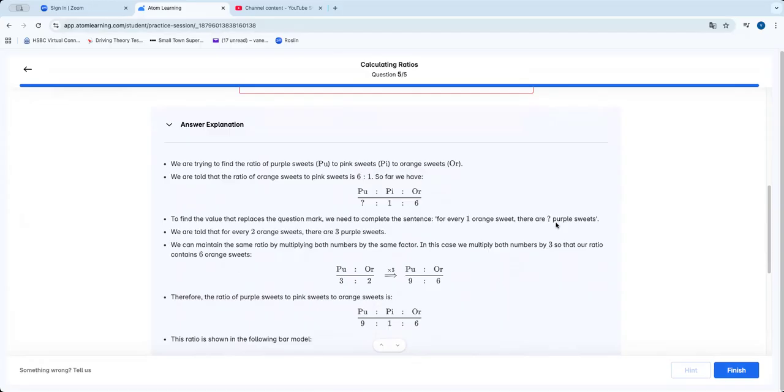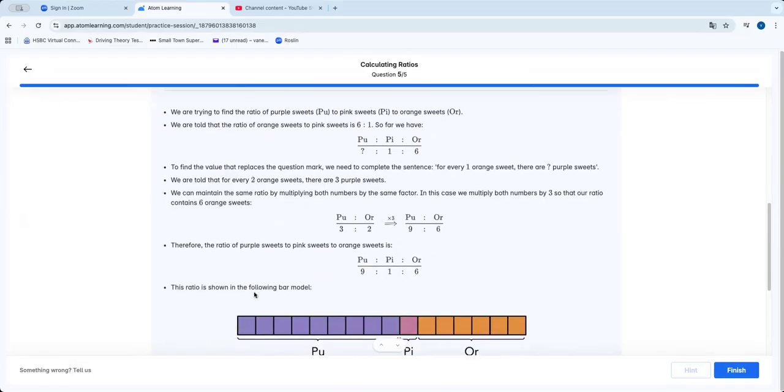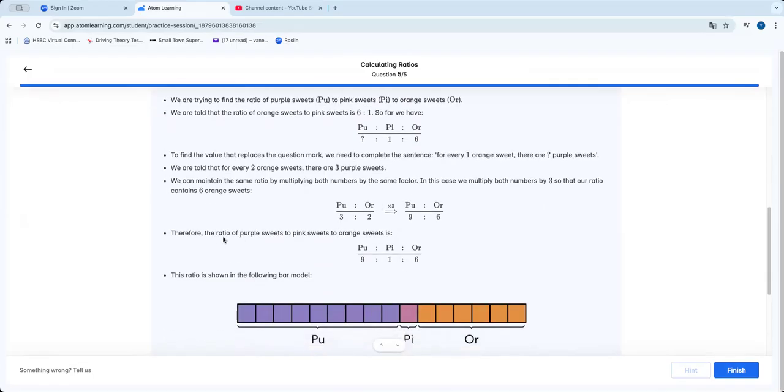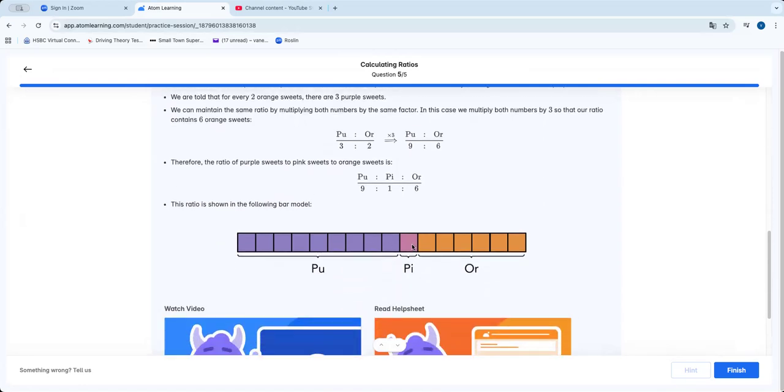We're told that for every two orange sweets, there are three purple sweets. So we can maintain the same ratio by multiplying both numbers by the same factor. In this case, we will multiply both numbers by 3. So our ratio containing 6 orange sweets: 3 times 3 is 9, and 2 times 3 is 6, to get 9 to 6. And then we know the purple value. Therefore, the ratio of purple to pink sweets to orange sweets is 9:6:1. The ratio can be in a bar model too.